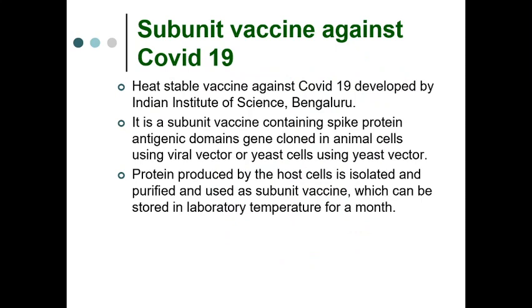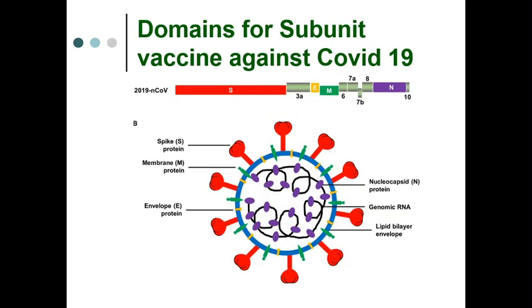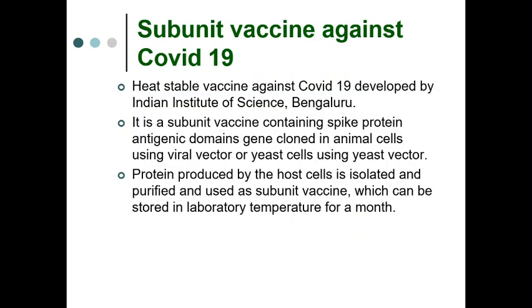At the Indian Institute of Science, Bangalore, they produced a heat-stable vaccine against the coronavirus, that is COVID-19, which is a subunit vaccine containing the spike protein. The spike protein is the one shown here in red color. This antigenic domain is strongly antigenic.